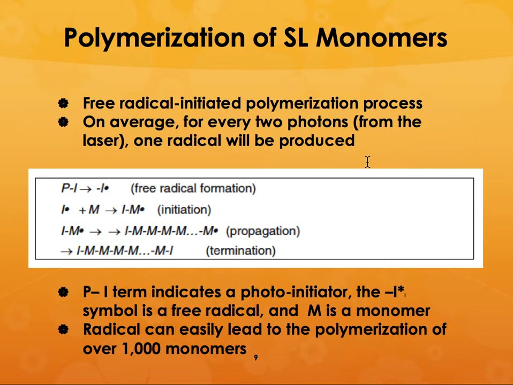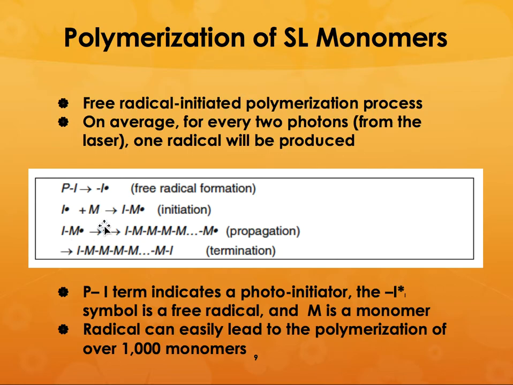The laser beam provides photons for the reaction itself, and for every two photons that are delivered to the resin system, there will be one radical that will be produced.